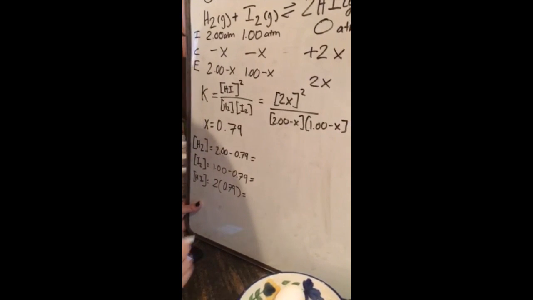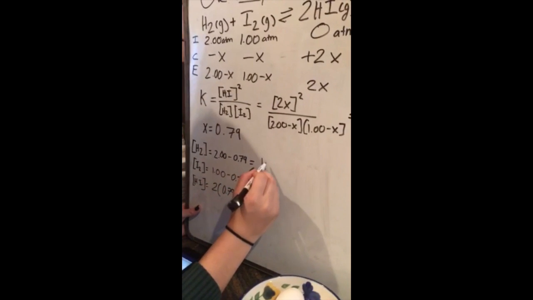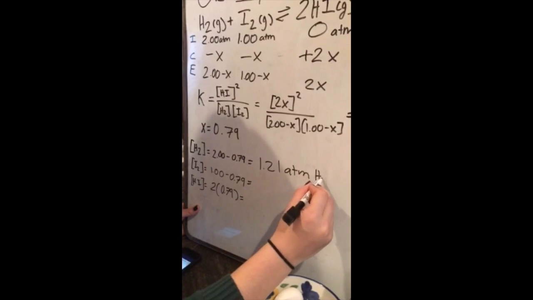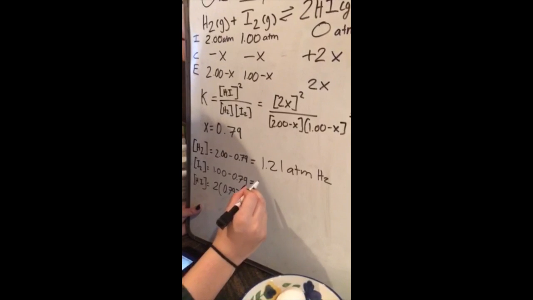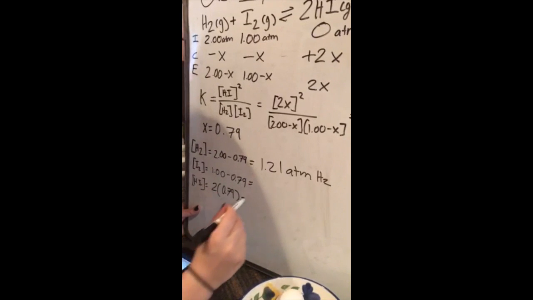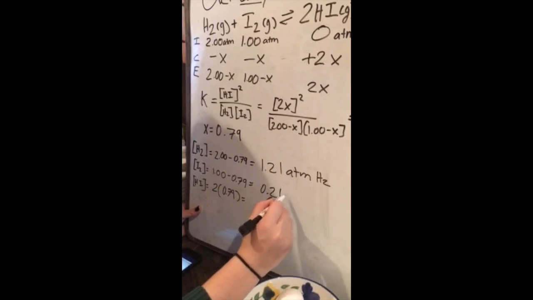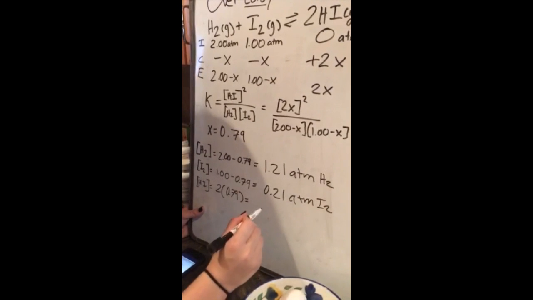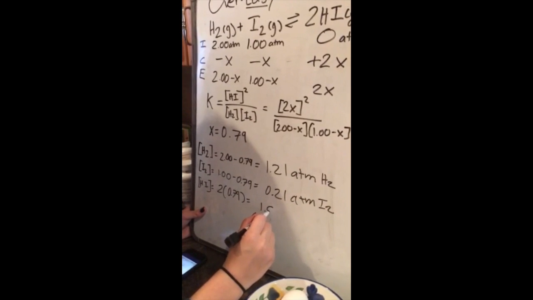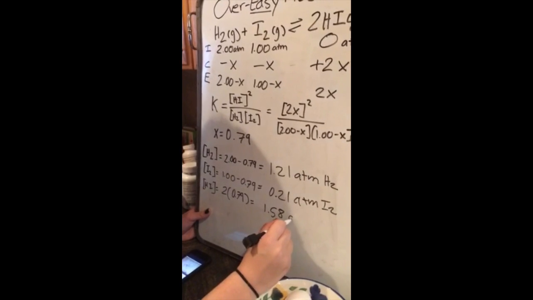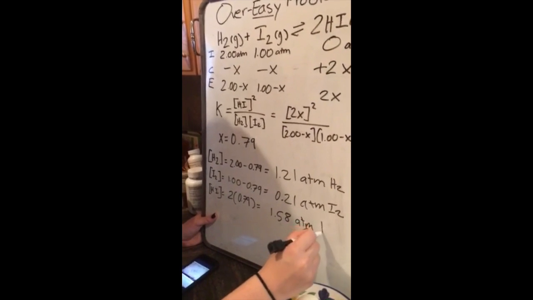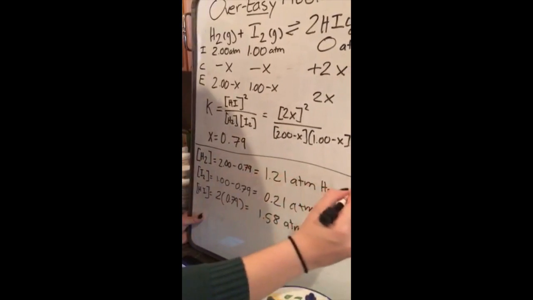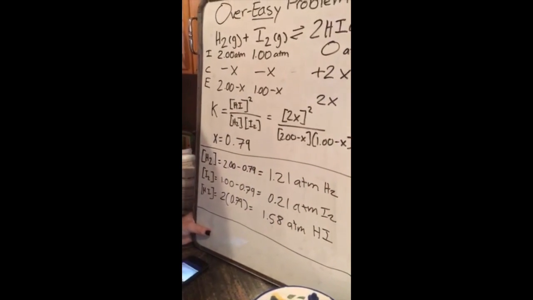And eventually this will be 1.21 atmospheres of H2, 0.21 atmospheres of I2, and 1.58 atmospheres of HI. And that's how you find the partial pressures of this equation.